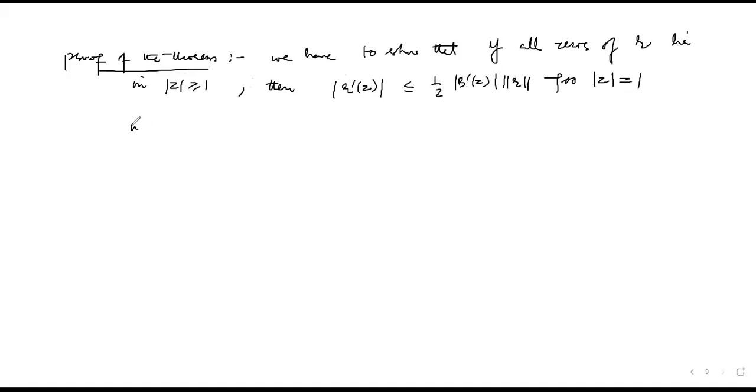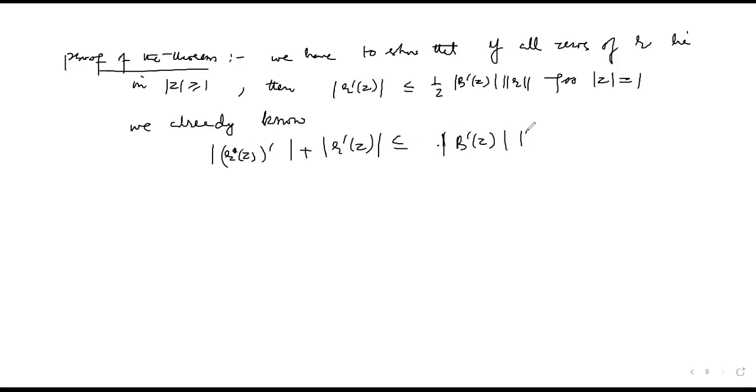But we already know from the previous theorem that the derivative of R star z plus the derivative of R dash z is less than equal to b dash z into norm of R for mod z equal to 1.